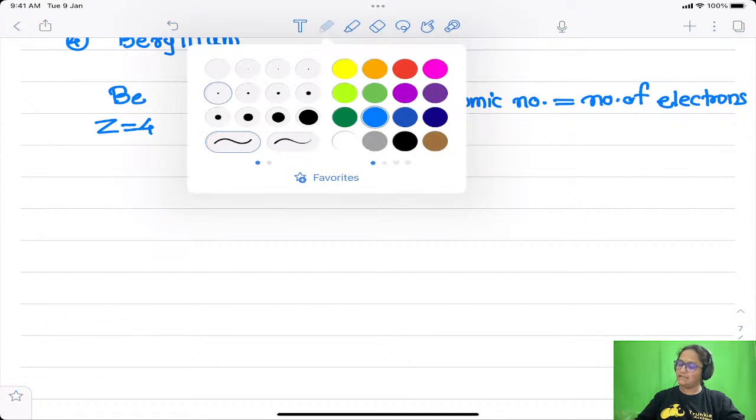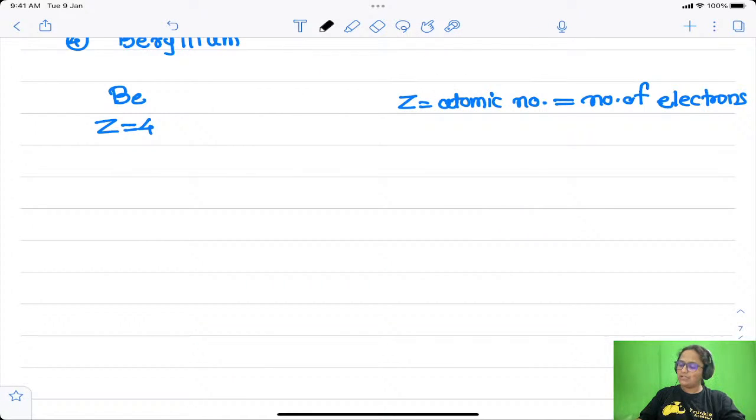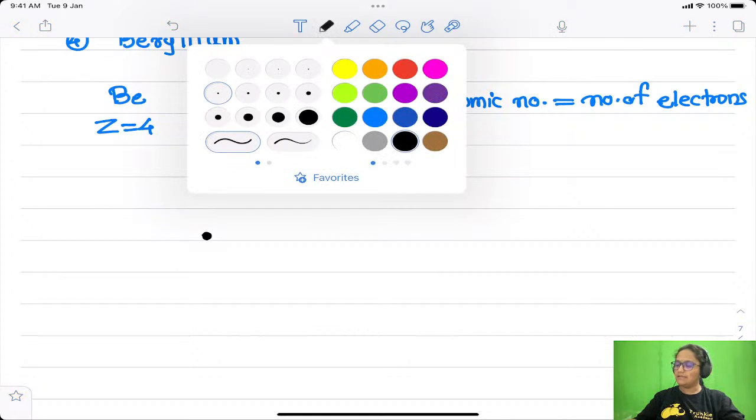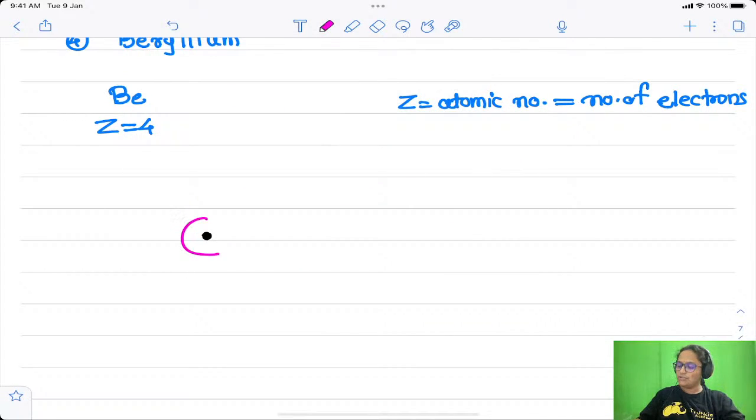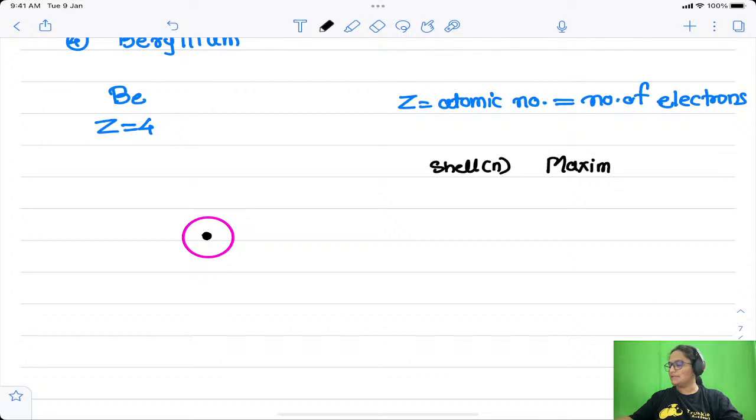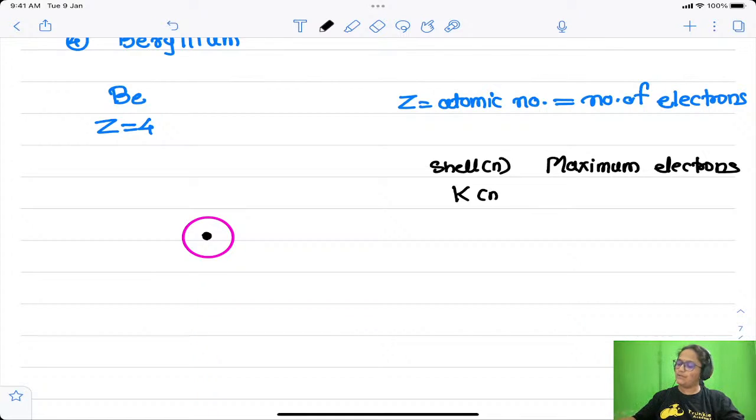This one is the nucleus of the beryllium atom, in which protons and neutrons will be present. Then I will draw the first shell surrounding this nucleus. The first shell is the K shell, which is shell number 1.